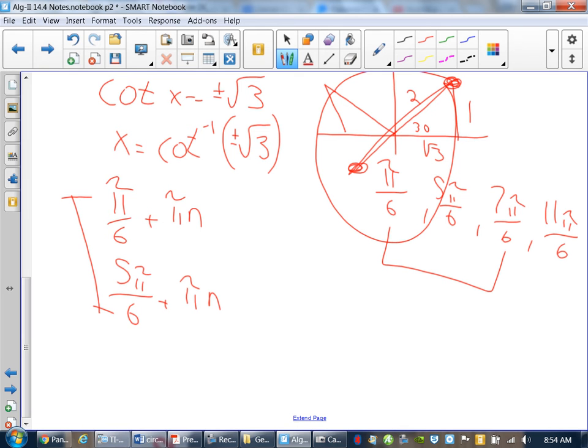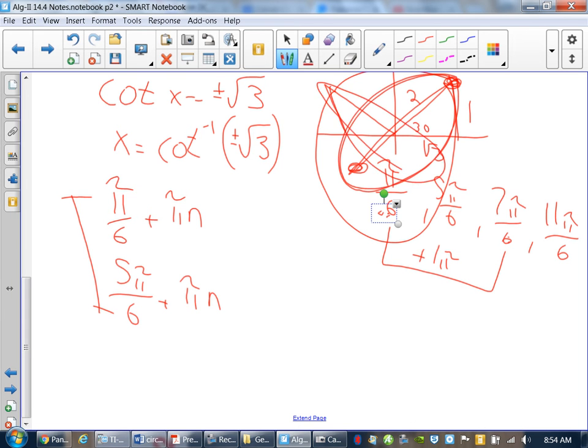The commonality we found was that between pi over 6 and 7 pi over 6 is 1 pi. So no matter what, if I add 1 pi to this, I'd end up here, and if I add 1 pi to this, I'd end up here, back and forth. These two would just be opposite each other each time. Same deal going the other way. You're just trying to figure out the quickest, easiest way to write it out, and that's what the general means.